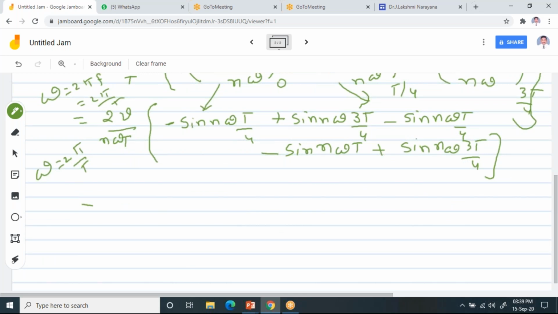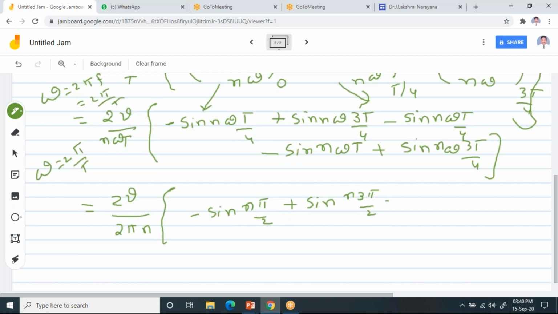So that I can write it as minus sine n pi by 2. And for this also, omega T I can write as 2 pi by 4, and this gets cancelled. Then it becomes sine 3 pi by 2. So for this term I can write plus sine n 3 pi by 2.